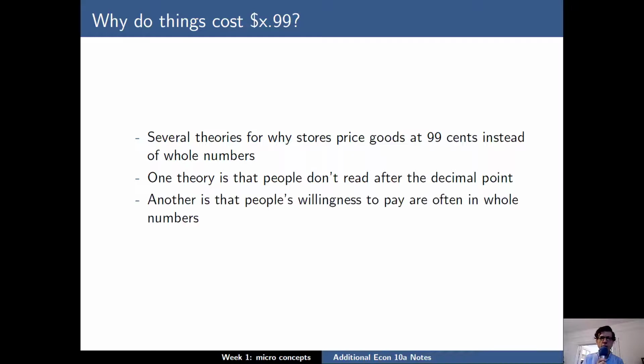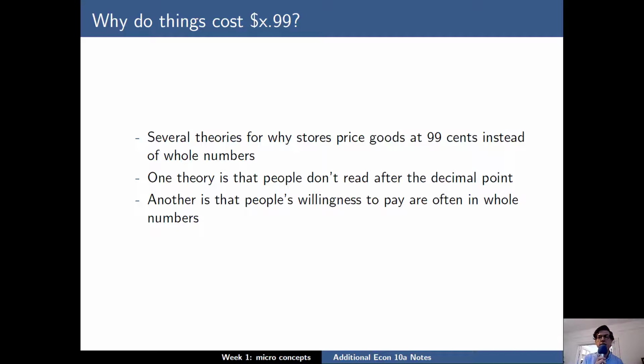But an alternate theory is that when people determine their willingness to pay in their heads, this is often in whole numbers. If you go back to our sneaker example, I would be surprised if your willingness to pay was in dollars and cents. Usually when people think about their willingness to pay, it is in whole dollars. So if your willingness to pay for something is $5 and something is priced at $4.99, the store believes that you would buy that item.